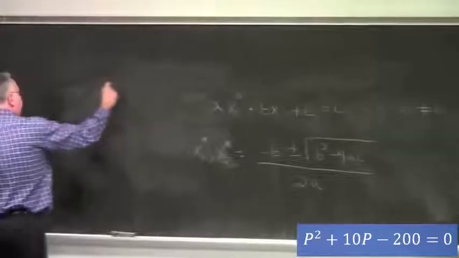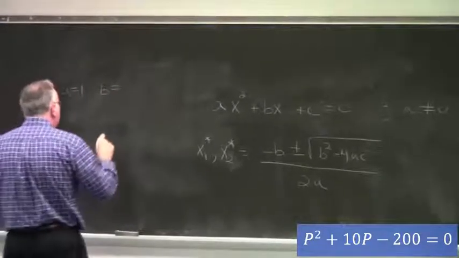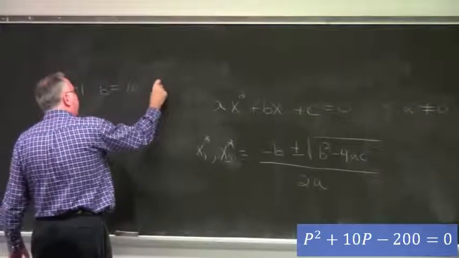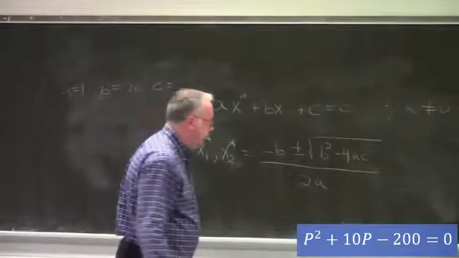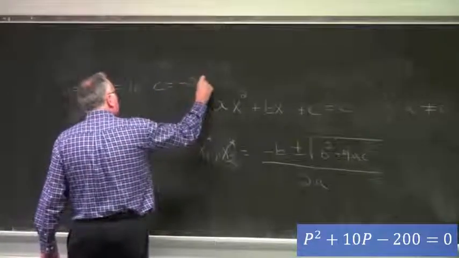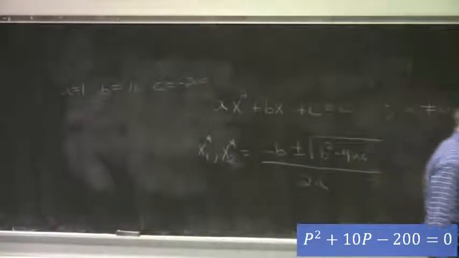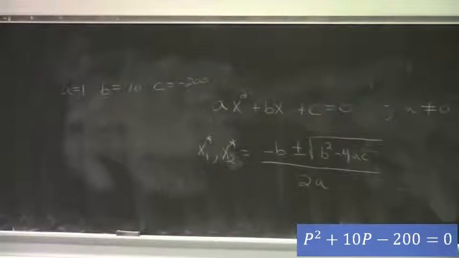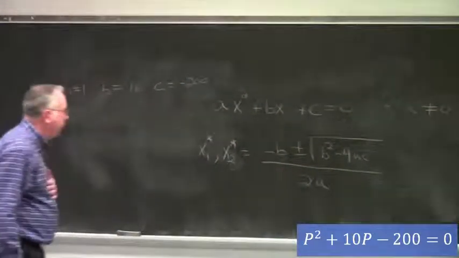What's our value of b? 10. And what is our value of c? Yes, negative 200. So if you had a problem like this and you couldn't see how to factor it, then you could just use the quadratic formula. This formula right here.